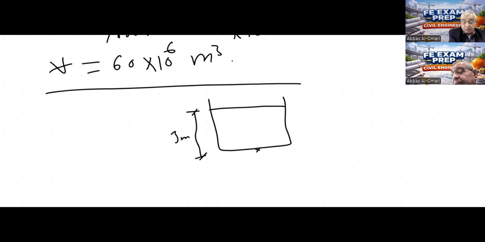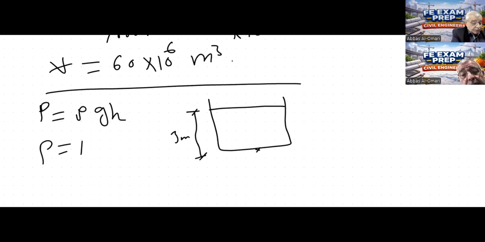So P, this is again very straightforward. P equals rho GH. This is static pressure. So P equals rho, which is for the water 1000, by 9.81 by 3 meter.